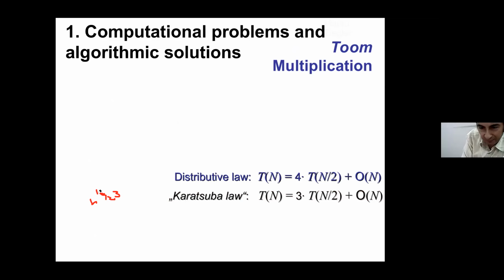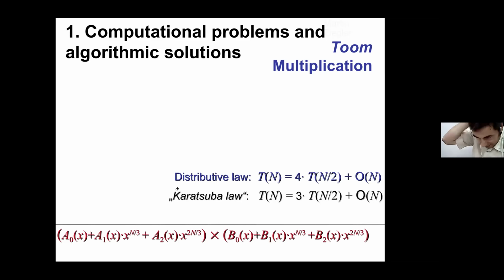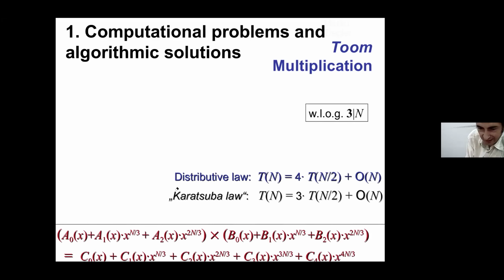So the number of multiplications reduces the exponent of n. And then there was Toom, who said, okay, when you can do this in groups of 2, why can't we do this in groups of 3? Then I have 5 coefficients, C0 until C4, and I have A0 until A2 and B0 until B2.